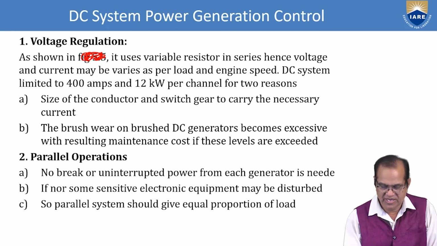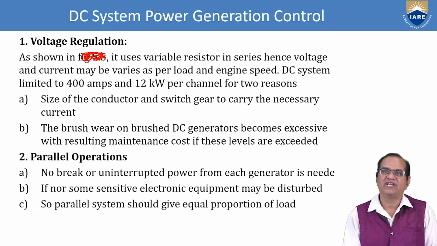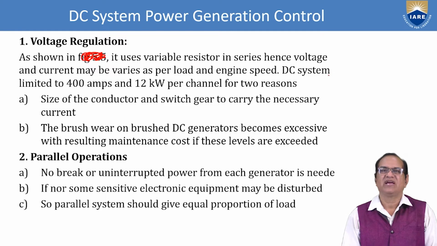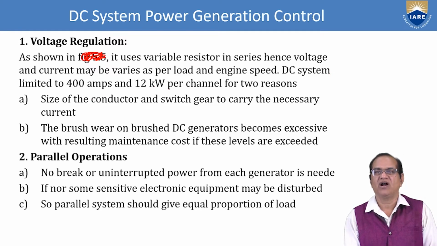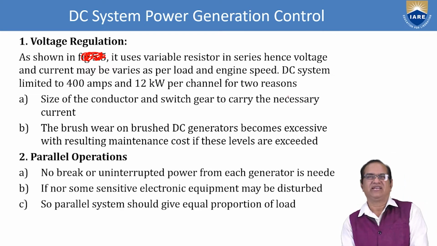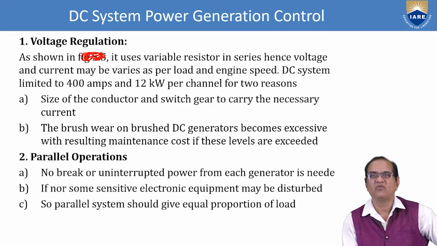So it uses a variable resistor in series, hence voltage and current may be varied as per the load and the engine speed. The DC system is limited to 400 amperes and 12 kilowatts per channel for 2 reasons.